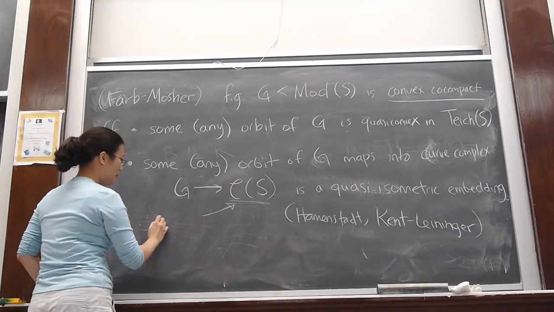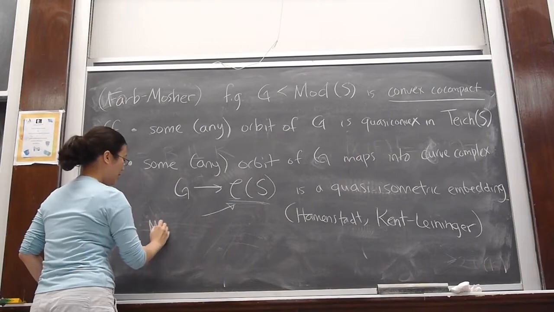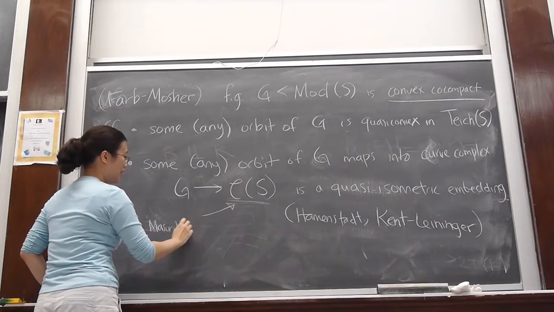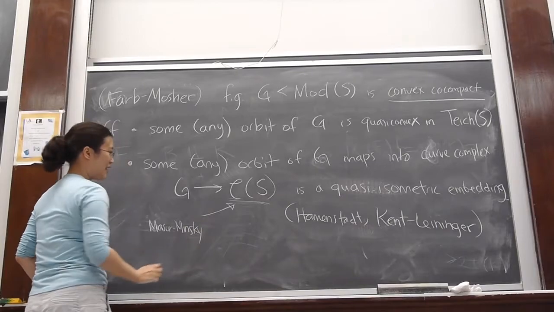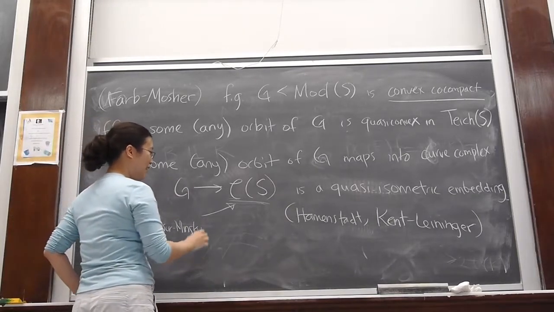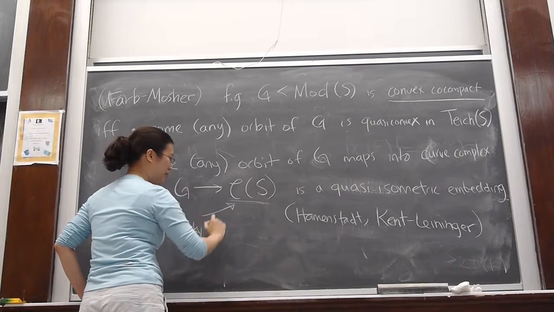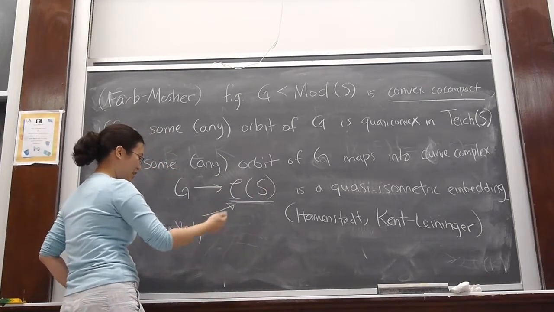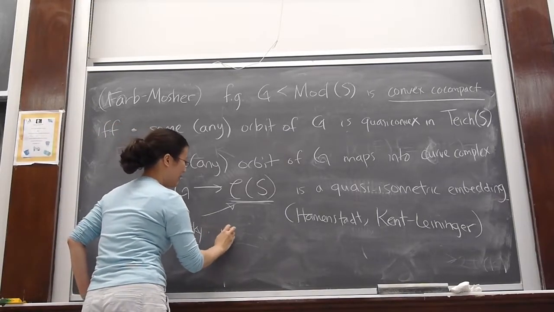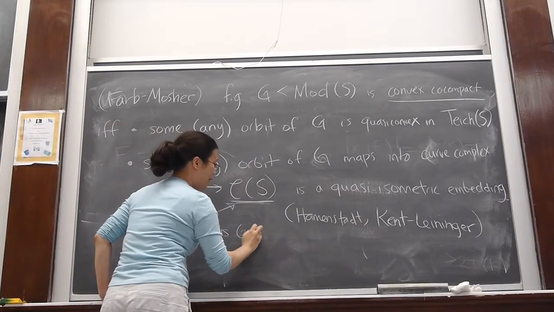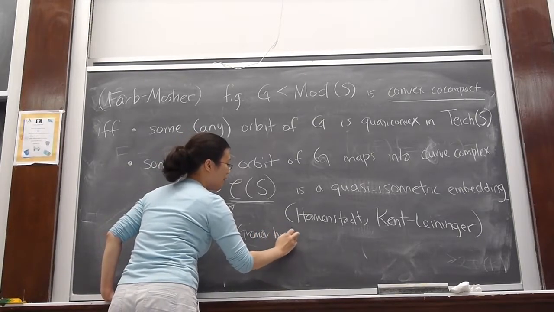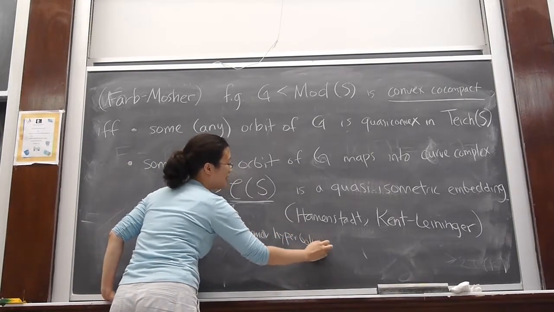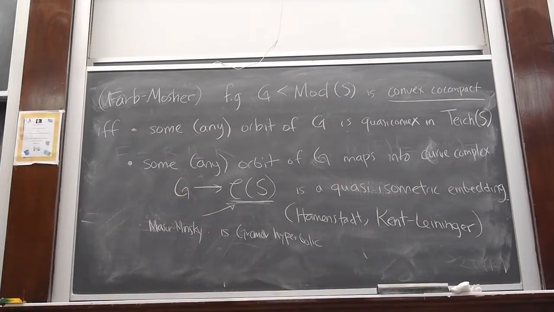In particular, you remember Masur and Minsky originally proved, and then there are lots of nice other proofs now, that this simplicial complex, or if you want, you can just use the one-skeleton and think of it as a graph, is delta hyperbolic or Gromov hyperbolic, which for now just means that it has qualitative properties like hyperbolic space. In particular, you can run this argument again and get tons of examples of this.